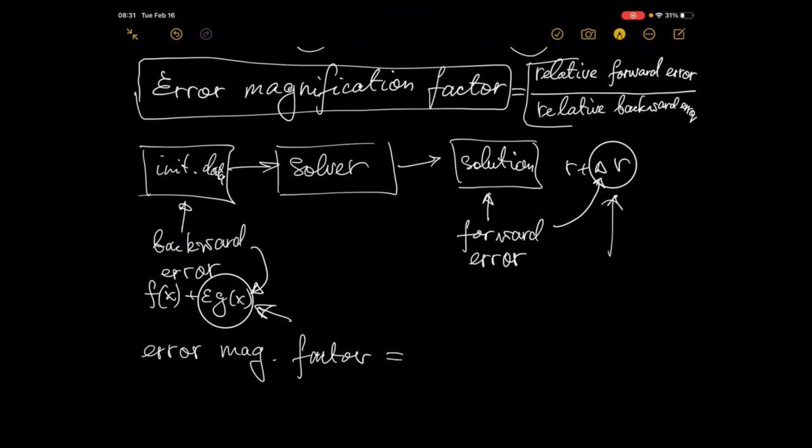the relative forward error is delta R divided by R, so the relative error of the root.